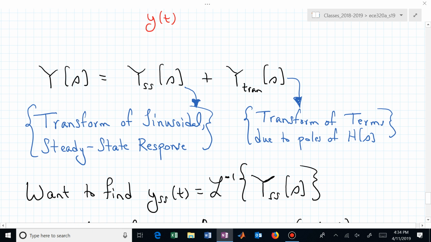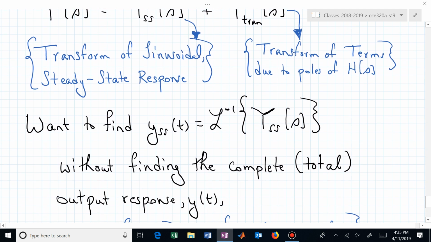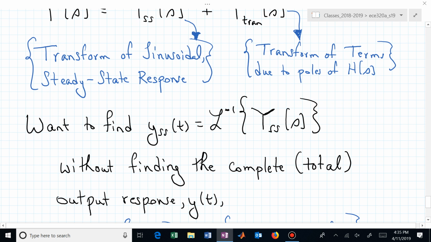We're trying to now inverse Laplace transform just that first piece, the sinusoidal steady state piece. So we're not trying to inverse Laplace transform all of those terms.